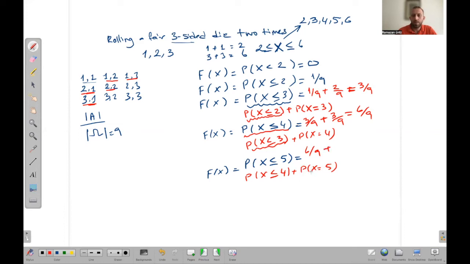To calculate the probability of x equal to 5, let's check the subsets. This one and this one, right, satisfy this equality. So it is 2 over 9, because only two subsets satisfy it. So the total is going to be 8 over 9, right?